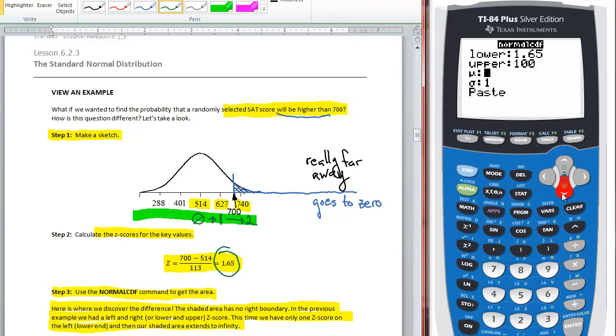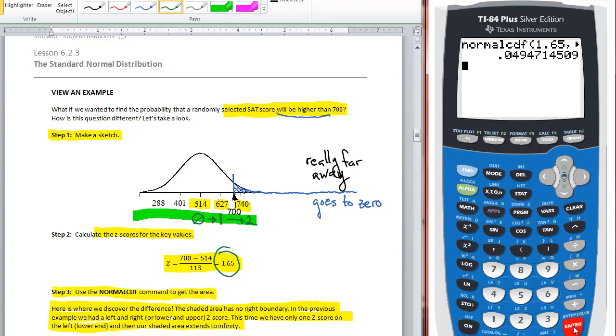So I'm going to use 0 and 1 and paste. And of course if you are using the regular operating system, you don't have the updated StatWizard or something, it's just going to be normal CDF 1.65, and the 100.